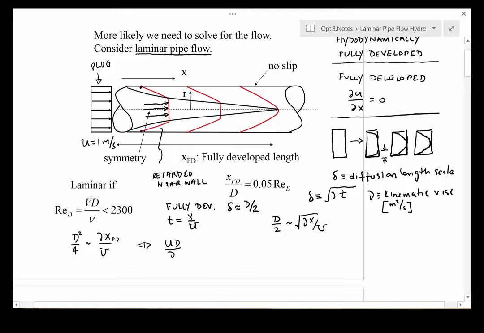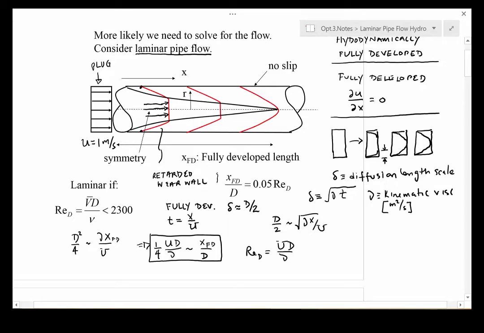So we get u D over nu looks like, and I'm going to delete the 1/4 over here, x_fd over D. So it says, in some sense, the fully developed length divided by the diameter should look like something multiplied by the Reynolds number based upon D. Remember that Re_D is a characteristic velocity times D over the kinematic viscosity.